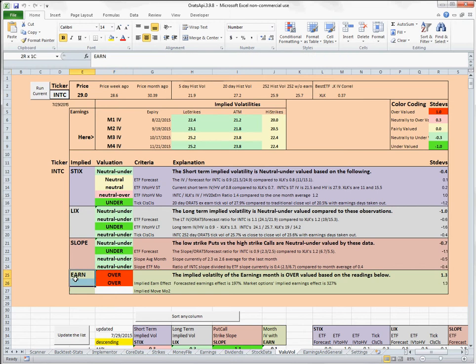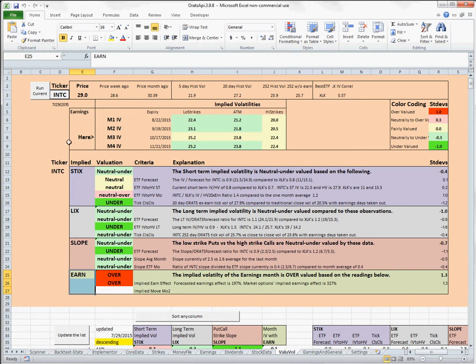And finally, we look at earnings. We look at if the implied earnings effect is above or below the forecasted earnings effect. The forecasted earnings effect is how much the stock actually moves versus our predictions of volatility on earnings, and the implied is how much the months with earnings are above the months without earnings.